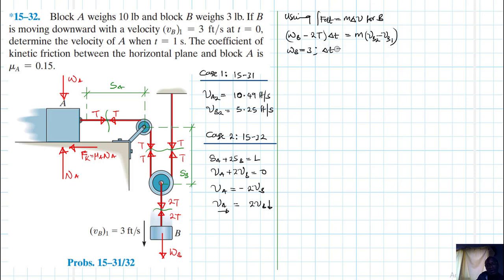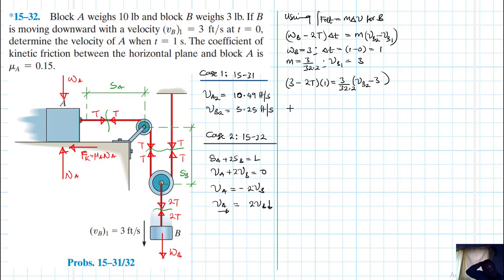Our delta T is equal to 1 minus 0, which is just equal to 1. Our M is just equal to 3 divided by 32.2. And our VB1 is just equal to 3. Therefore, this just becomes 3 minus 2T times 1 equals 3 divided by 32.2 times VB2 minus 3.